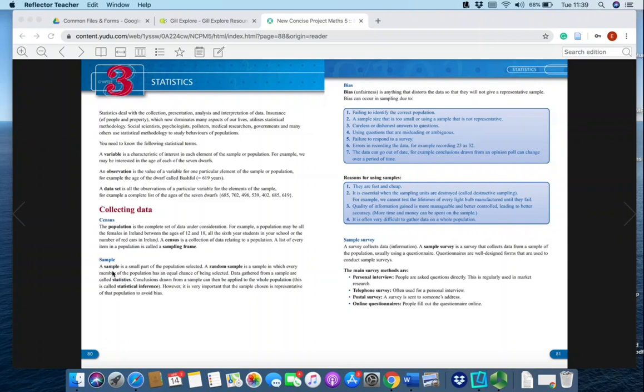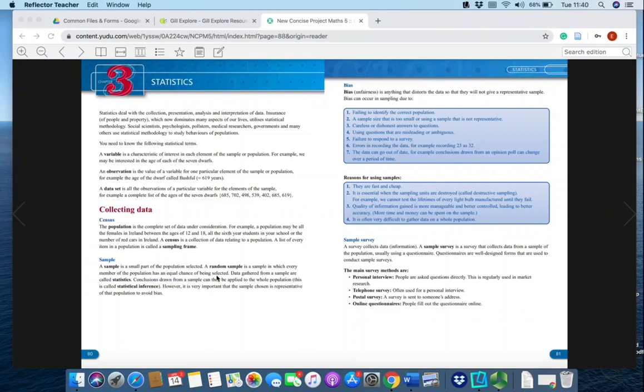A sample then, on the other hand, so a question often asked is the difference between a population and a sample. A sample is a small part of the population selected. The best sample to choose is what's called a simple random sample. A random sample is a sample in which every member of the population has an equal chance of being selected.